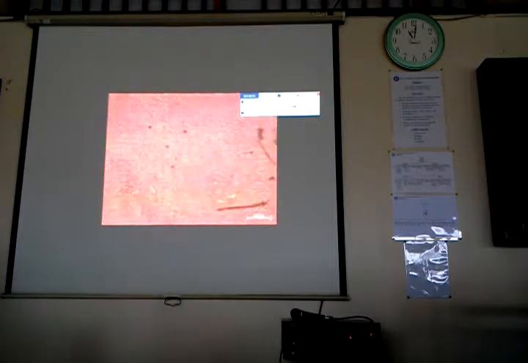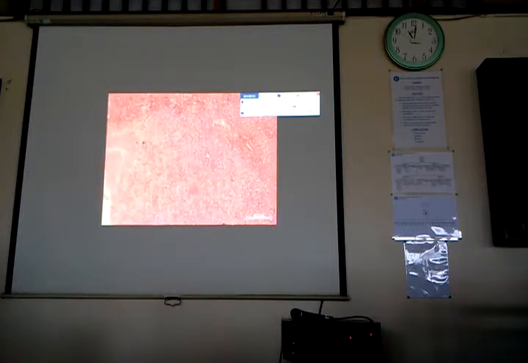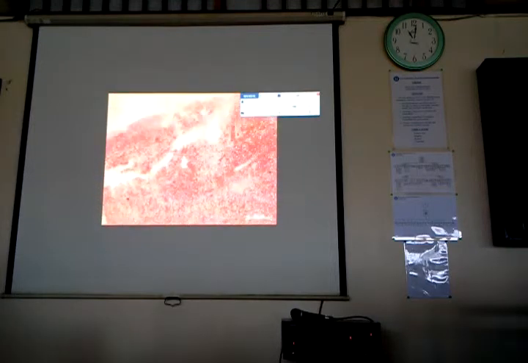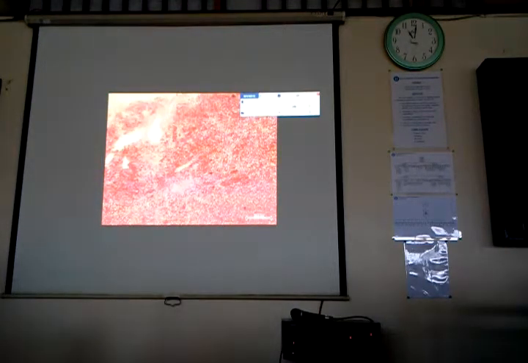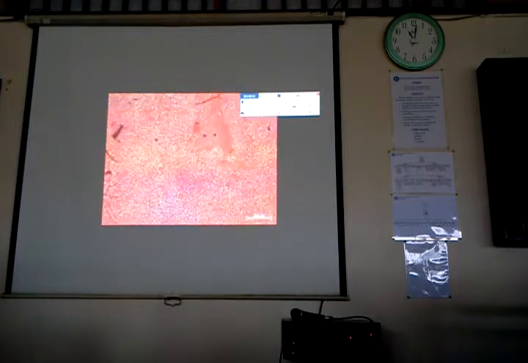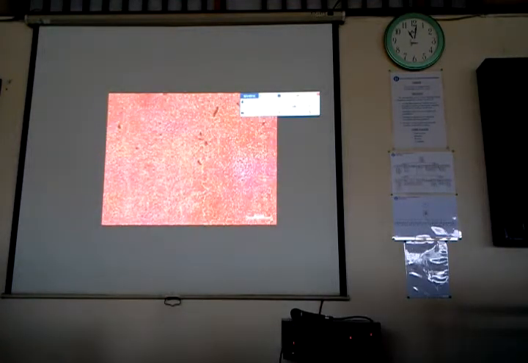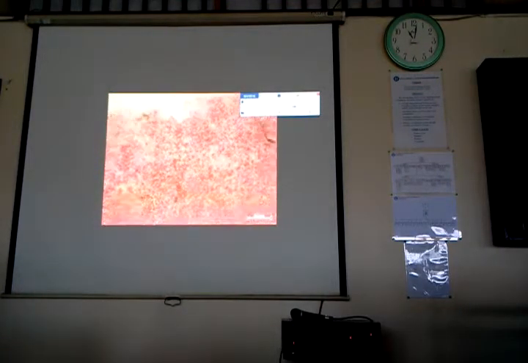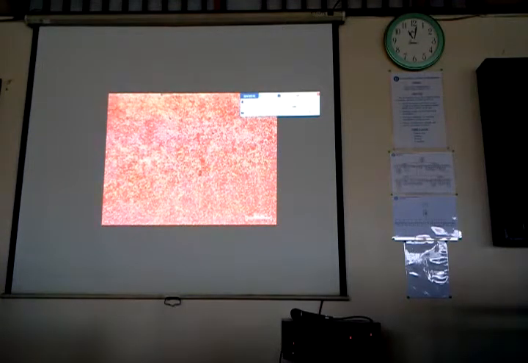Now, our concern here will be in the red pulp. Okay, so as you can notice in that area, the spleen is more dark than the other portions of this slide. So that is so because here, what type of blood vessels are present?